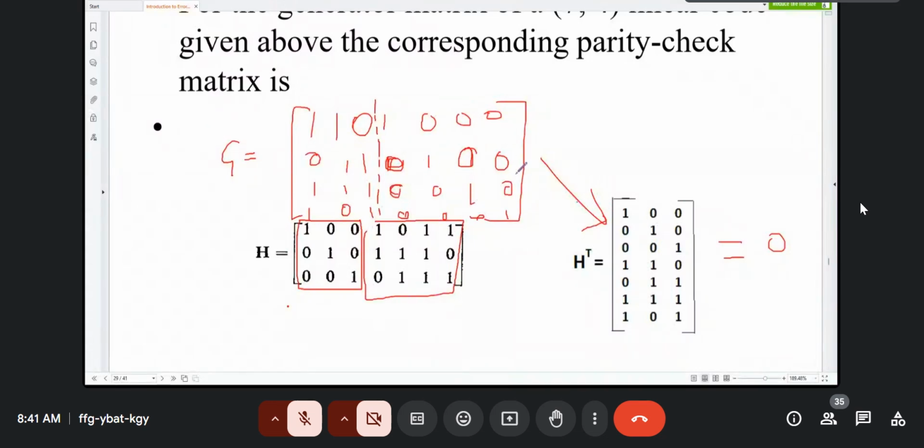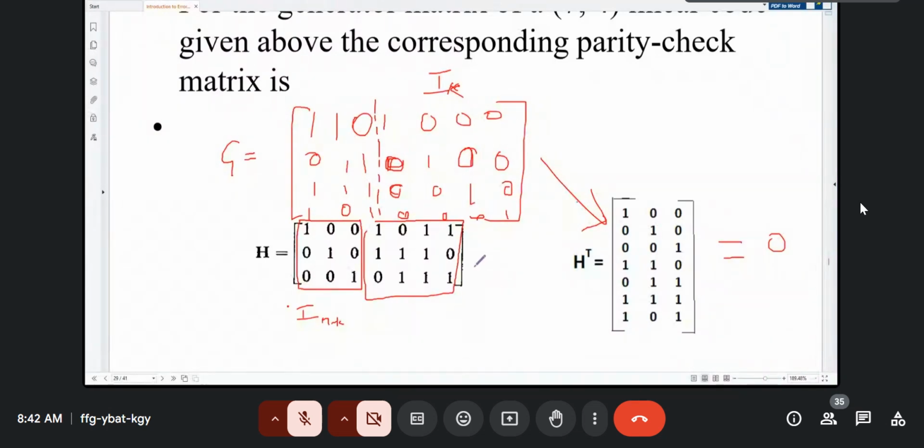If you multiply these two matrices, it will give that. You can see the identity matrix is here, but the n minus k identity matrix is here. Very important, because if you put them on the same side, it will not give you what you expect.